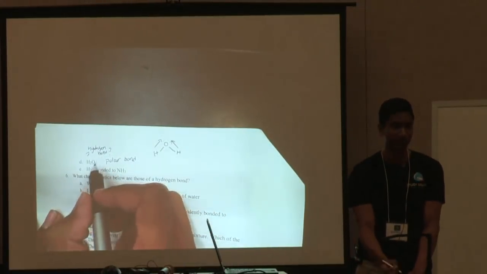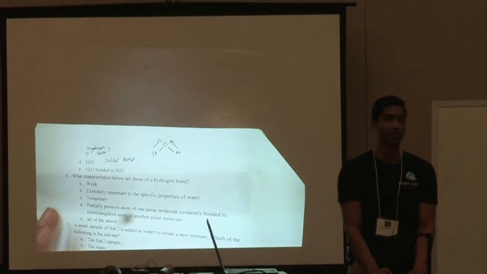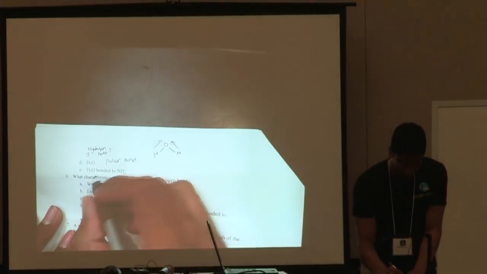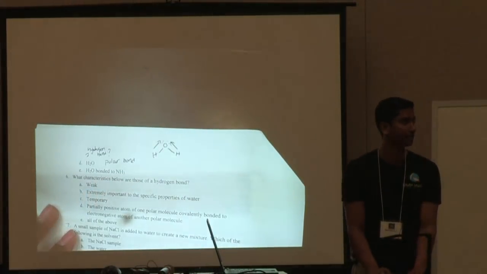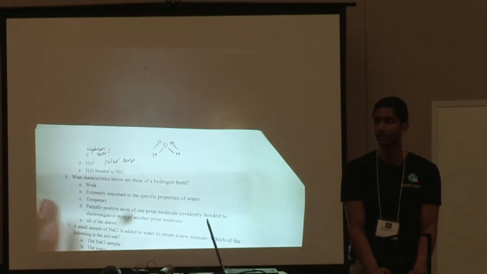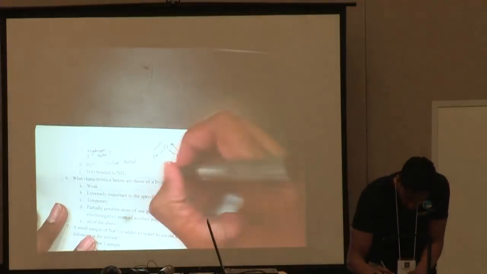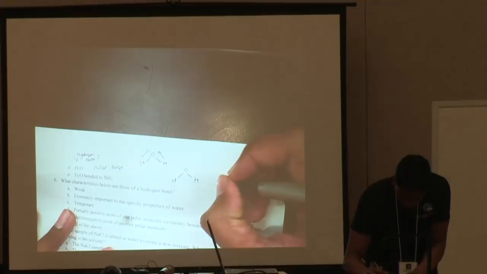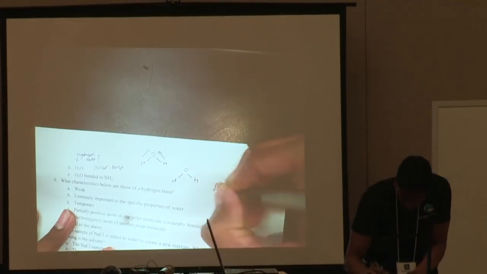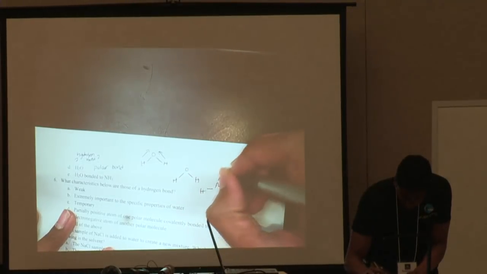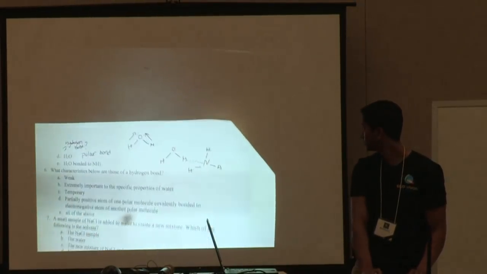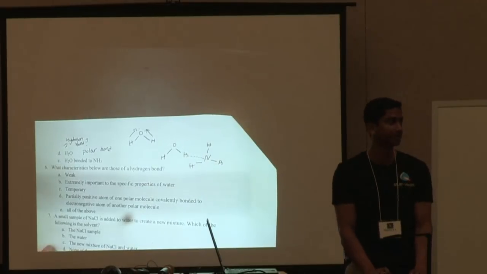So it's not a hydrogen bond. What's a hydrogen bond? Is it within one single molecule? No, right? It's between two different molecules. So what is H2O bonded to NH3? What type of bond is that? Hydrogen. So it looks something like that, over and over again. Does it make sense?